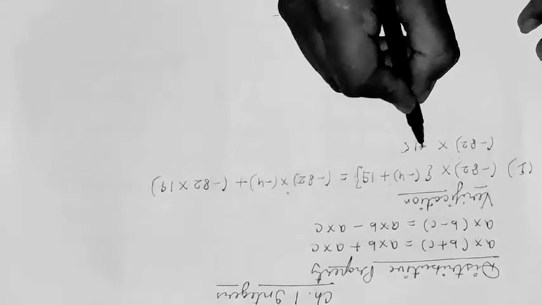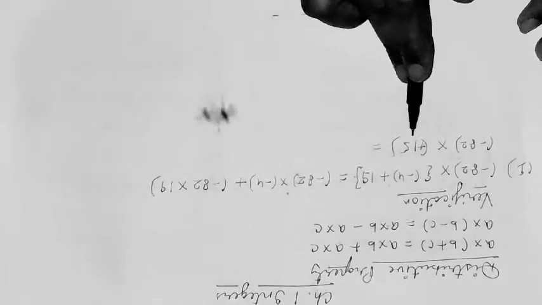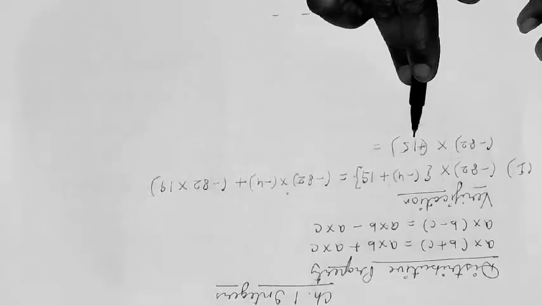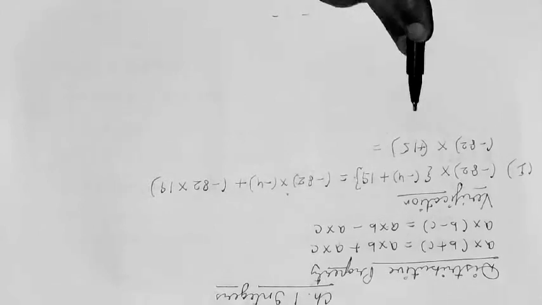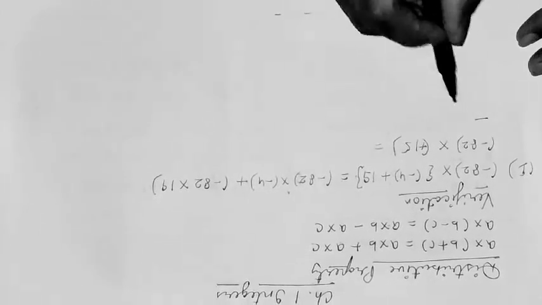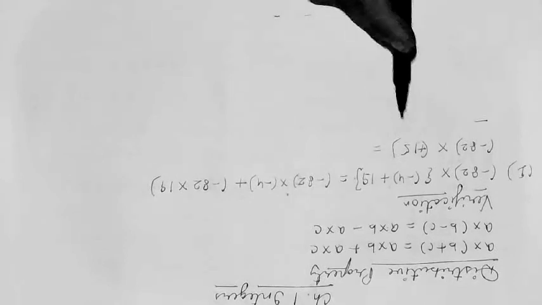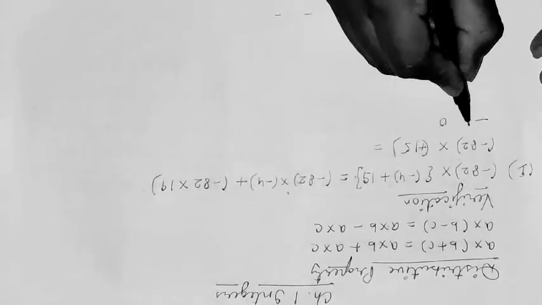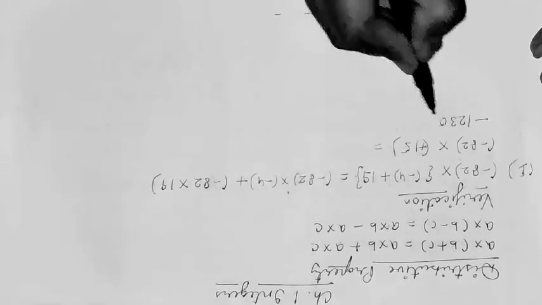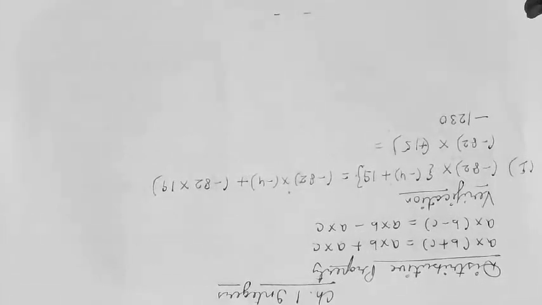If you want, you can put also. Then we are going to multiply one negative and one positive number, so the answer will be a negative number, because minus plus will give us the sign of minus in case of multiplication. Multiply the two numbers now. 1230, minus 1230 is the result of the left hand side.